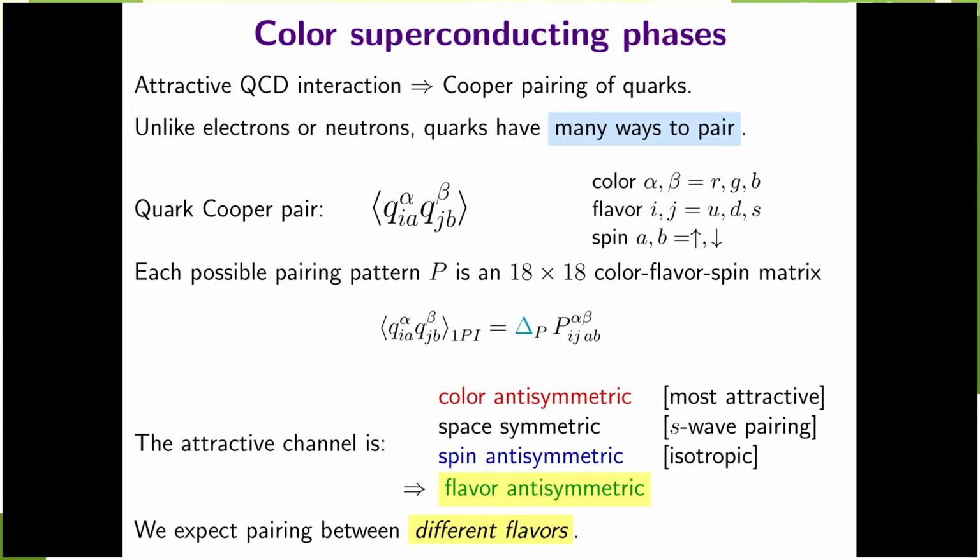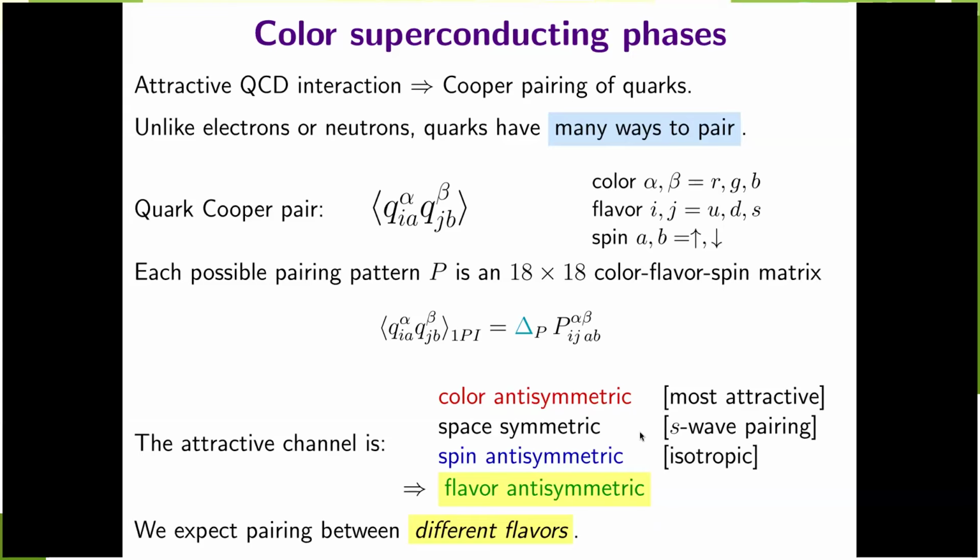By building a color antisymmetric wave function, and that's got the lowest energy. So red-green minus green-red, okay? That's attractive, very attractive. You can look at it in one gluon exchange. You can look at it however you like. That's the most attractive. So we expect the favored wave function for a Cooper pair to be color antisymmetric.